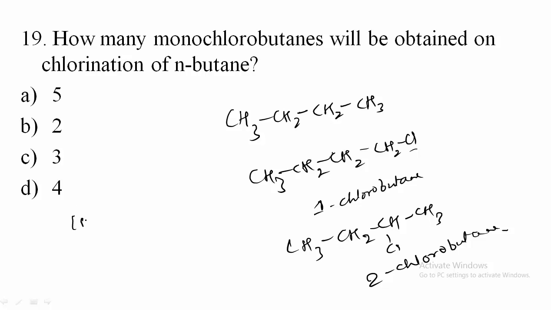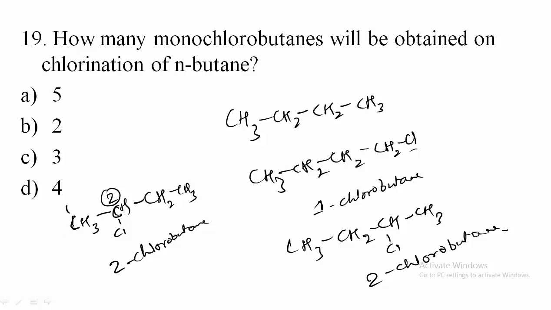What you will get is CH3, CHCl, CH2, CH3. You might want to say 3-chlorobutane, but you have to number from this side because then it gets the least number. So again it is 2-chlorobutane. Suppose you remove the hydrogen here and substitute Cl, again you will get 1-chlorobutane.